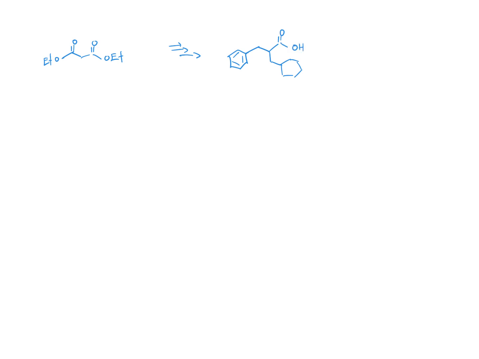Now we know that the whole goal of this diethyl malonate is to achieve an alpha position substituted carboxylic acid. So this is my carboxylic acid. The whole point here is to look at this alpha position. What substituent is introduced? The first one is this substituent.